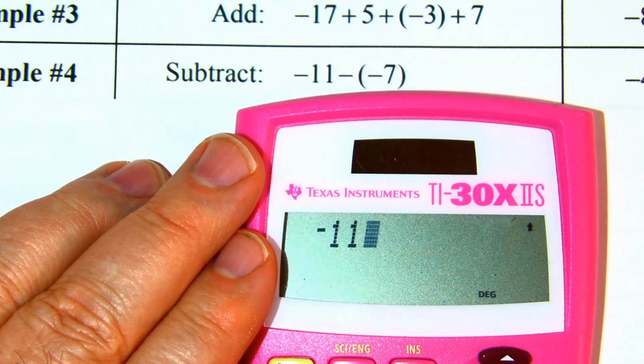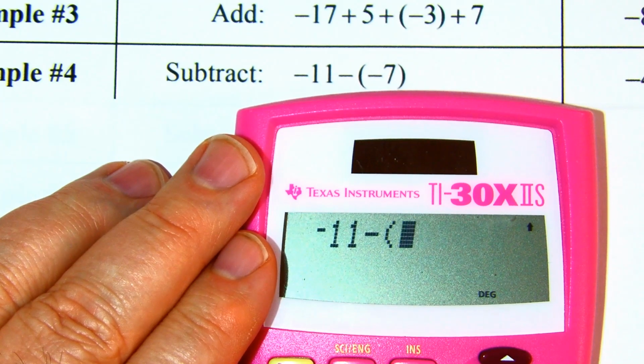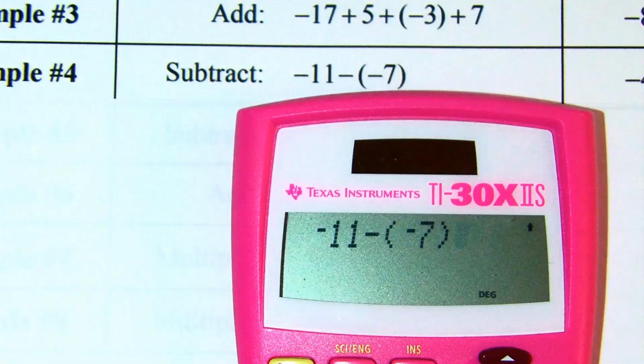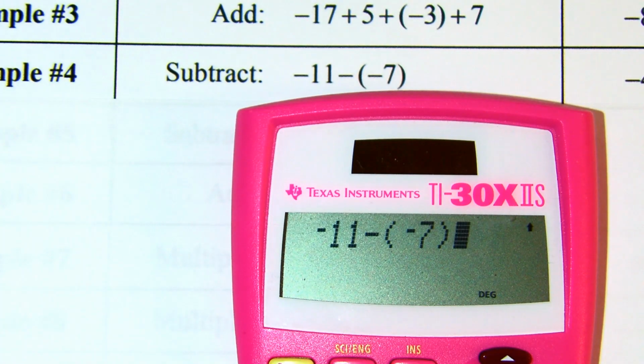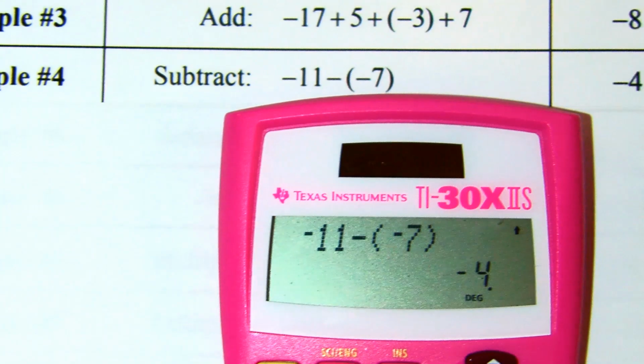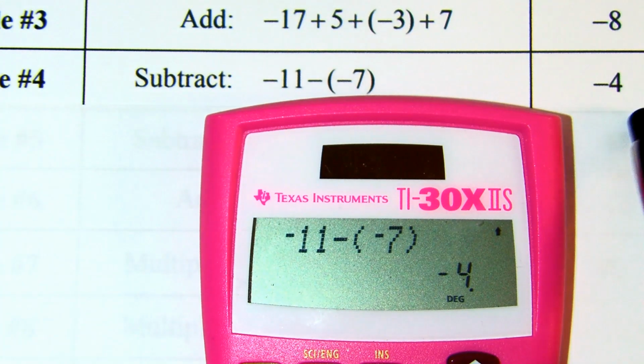And then the subtraction button, minus, open parentheses, negative 7, close parentheses. So again, there's rules here, but the calculator knows the rules. When I hit equals, it's going to take care of all that, and it gives me the correct result of negative 4.